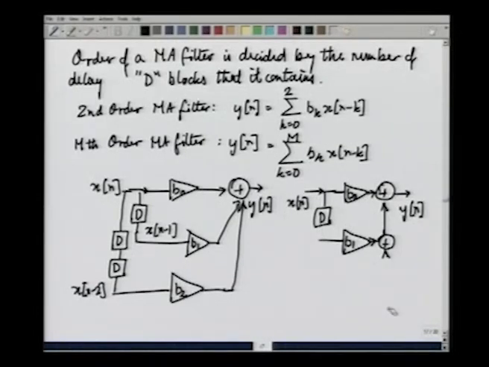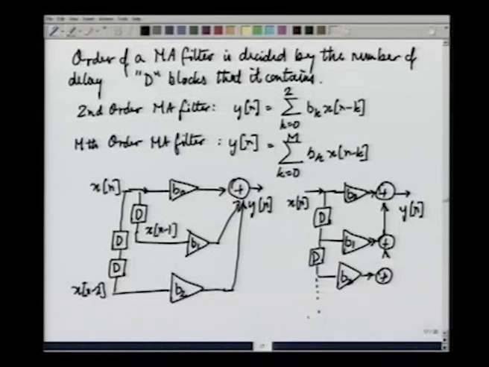All you do to generalize this further is to have M delays instead of just 2, so that you go on like this. Here of course, you will have b2, and you will add this through another summing block.